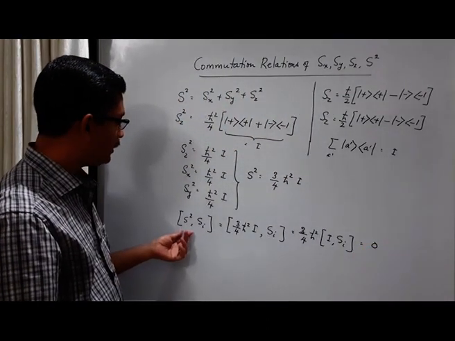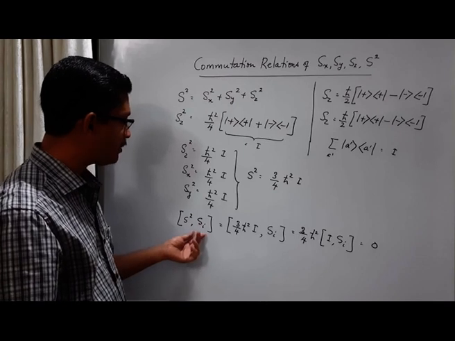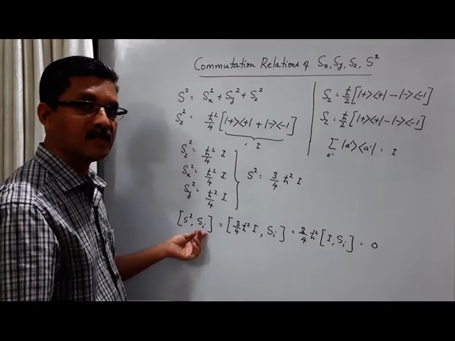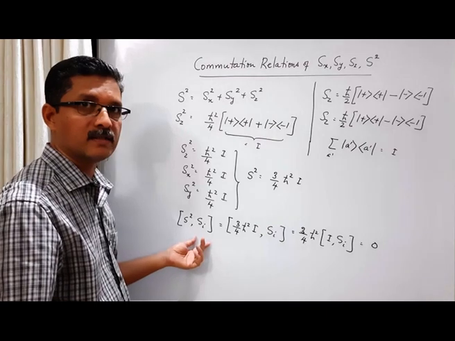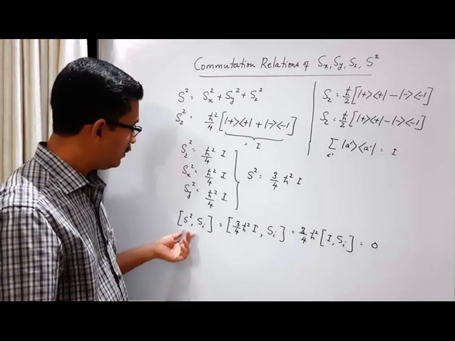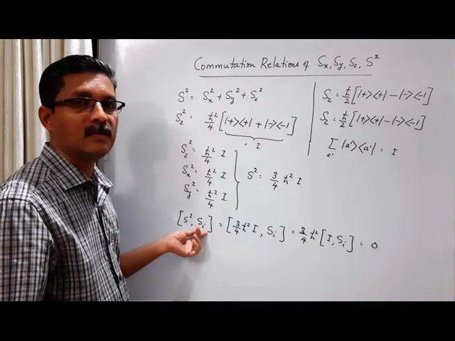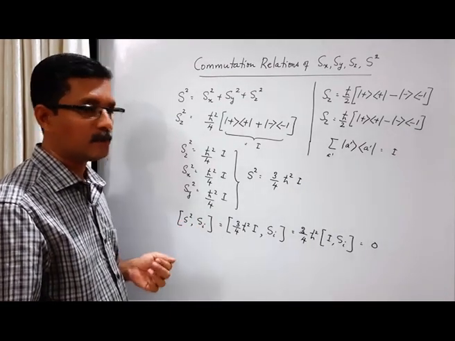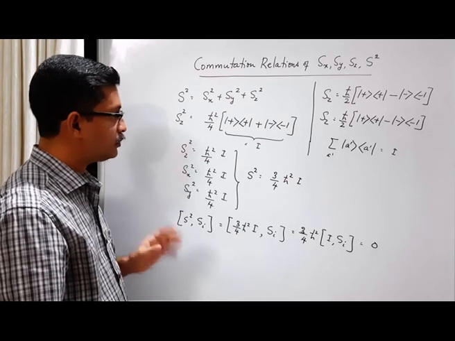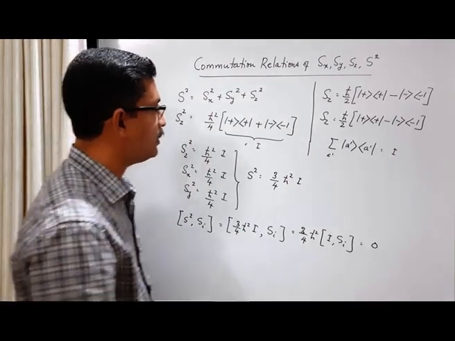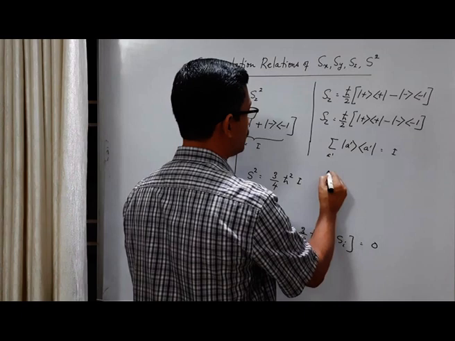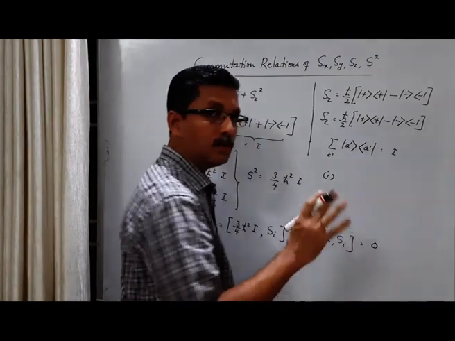Okay. So the commutation between S square operator and Si, that is S square Sx, S square Sy, S square Sz, is 0. A commutation between S square and any component of the spin operator will be 0. So the fundamental commutation rules between the components of spin operator are two.